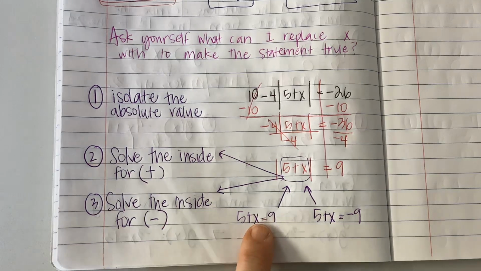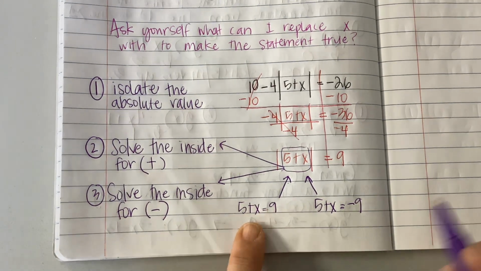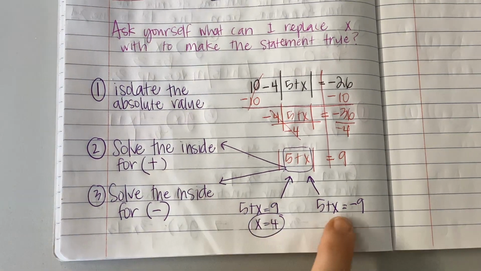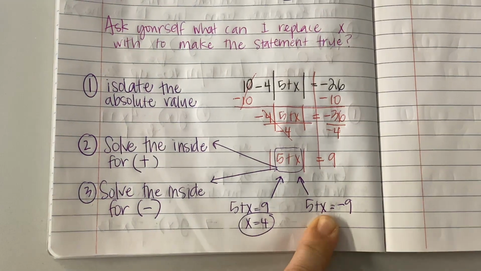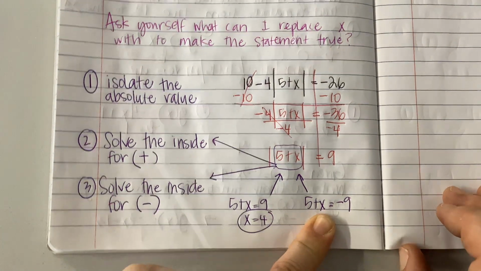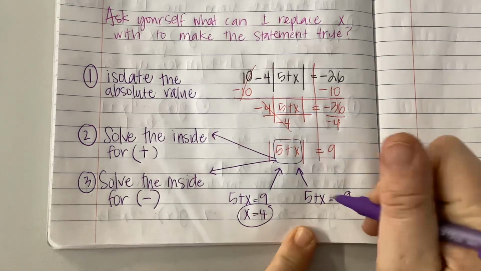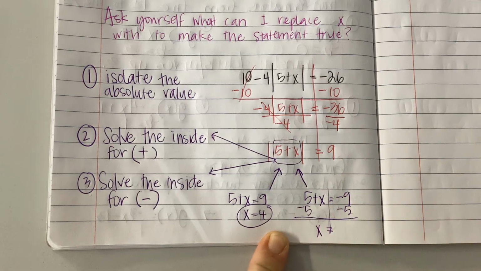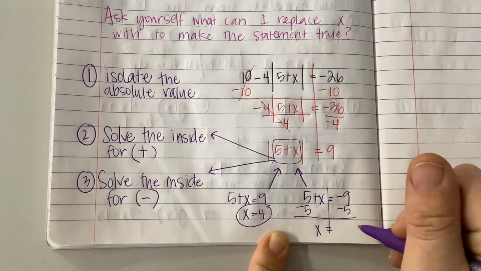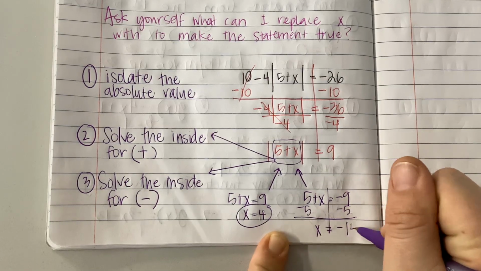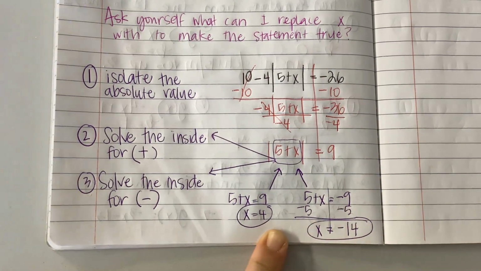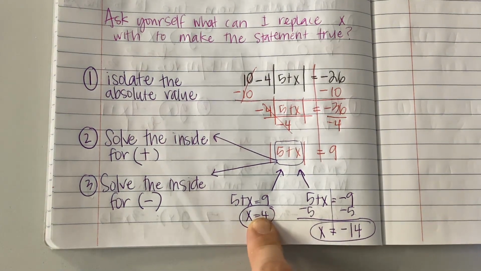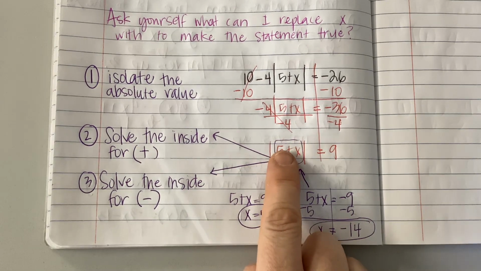So what's this missing x value? 4. Because 5 plus 4 is 9. What's this one? Negative 14. Because if I put 4 in for x, 5 plus 4 is 9.